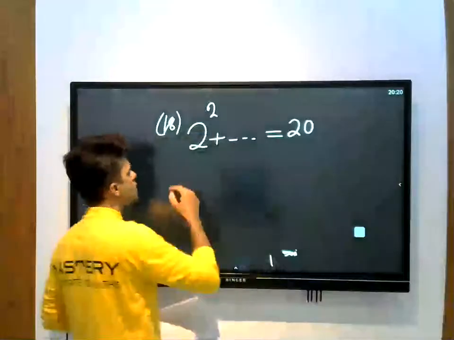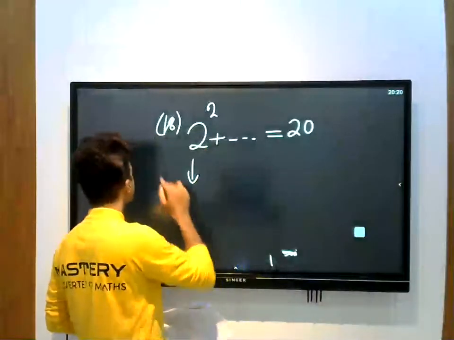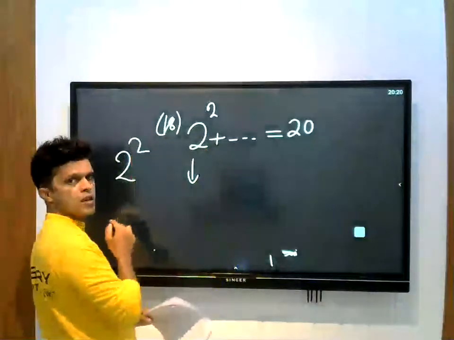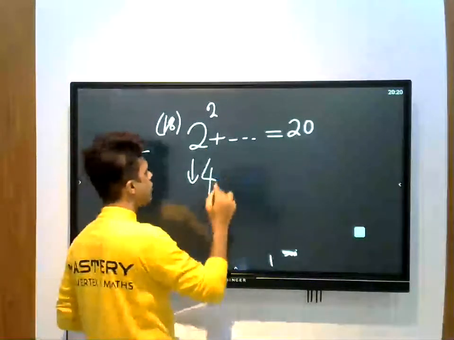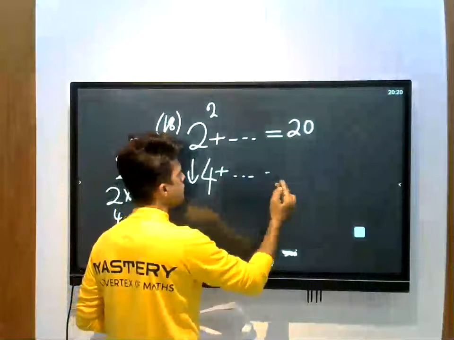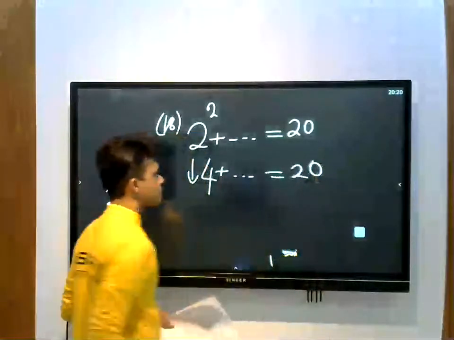2 to the power 2 means 2 times 2, which is 4. This is 4, right? 4 plus the blank.